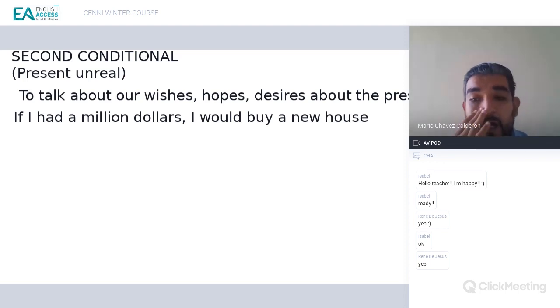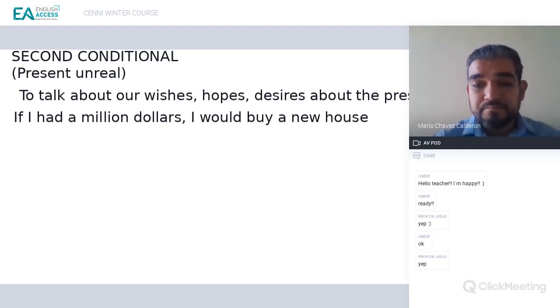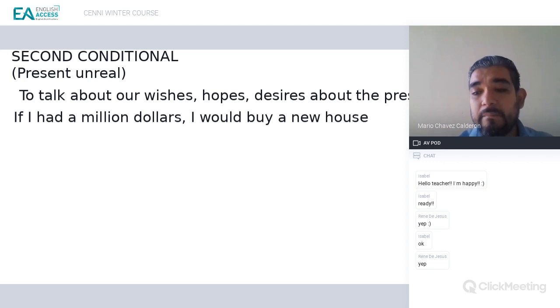So if I had $1 million, it's not real in the present, it's not happening. So I use the simple past. I would buy a new house is something I'm not gonna do because I don't have $1 million. So the first statement, the if clause, goes with if, and the second statement, the condition, goes with would.